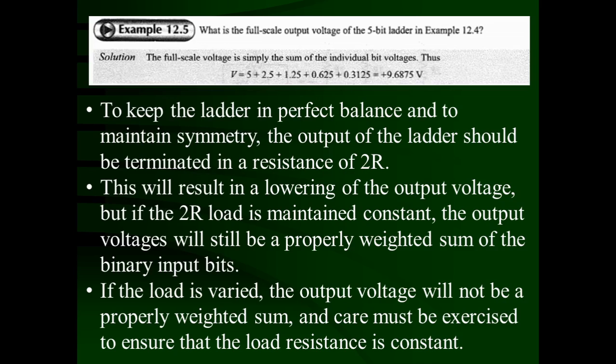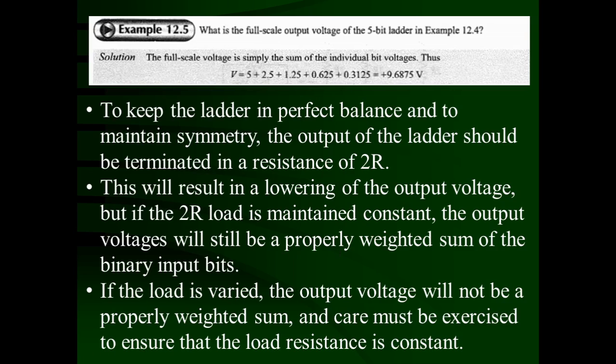So to maintain a perfectly balanced circuit, this Va should be terminated with a load resistance of 2R. It will provide a perfect balance to the ladder network, as well as maintain the symmetry for the output of the ladder. This will result in a lowering of the output voltage, but if the 2R load is maintained constant, the output voltage will still be a properly weighted sum of the binary input bits.